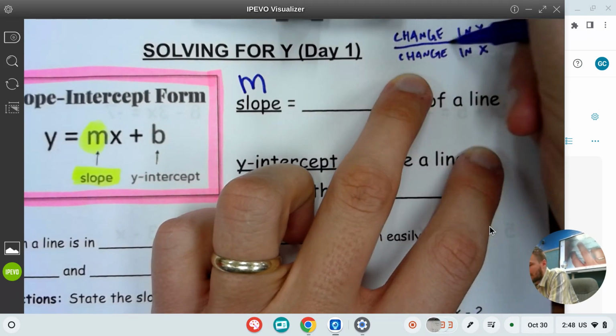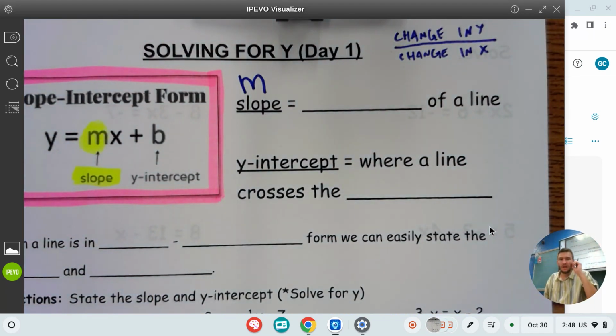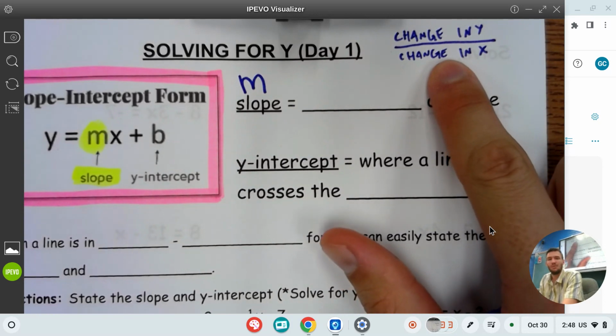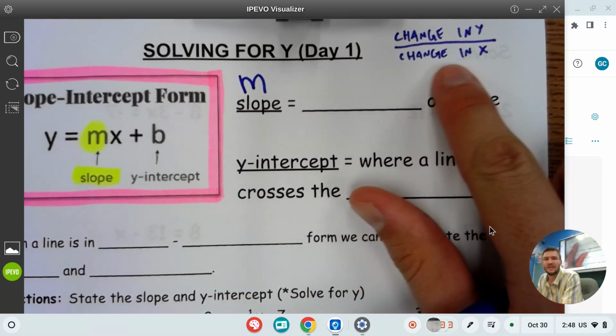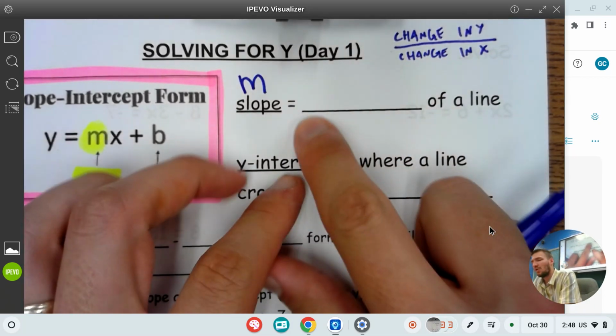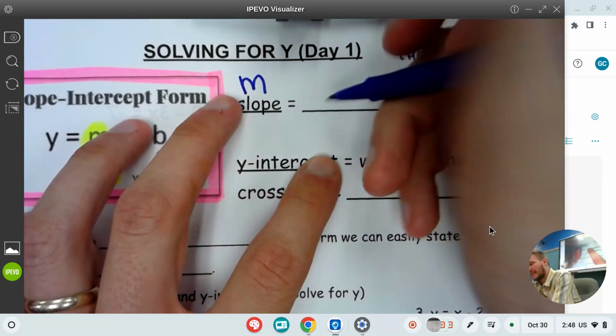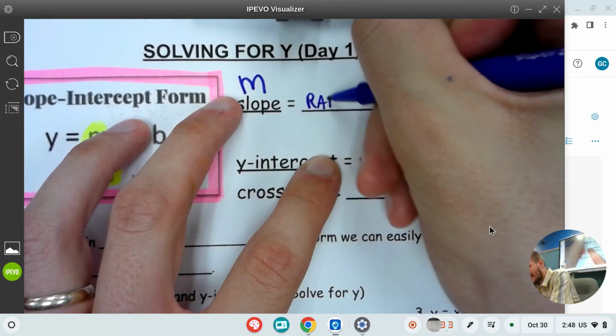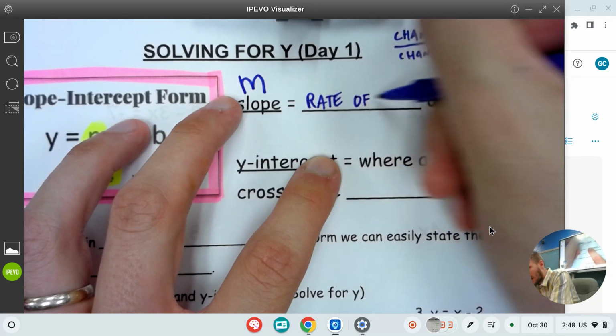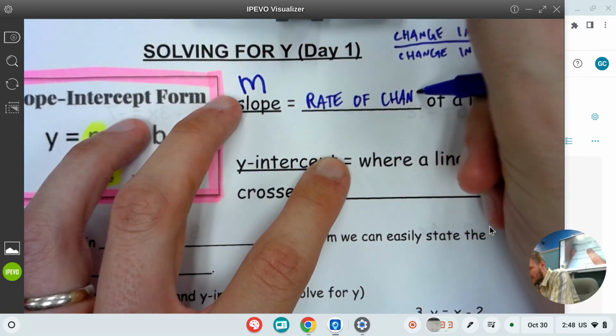It's on the front. Flip it over. So, we said this last week, that slope was the change in y over the change in x. And so, a little bit simpler, we can say that slope is the rate of change, all right?